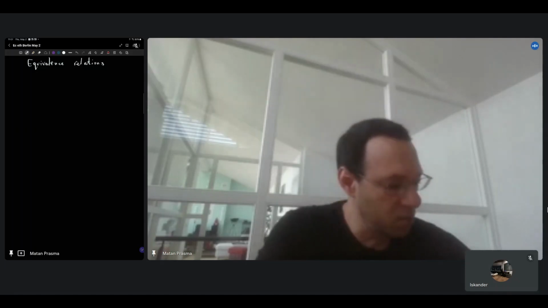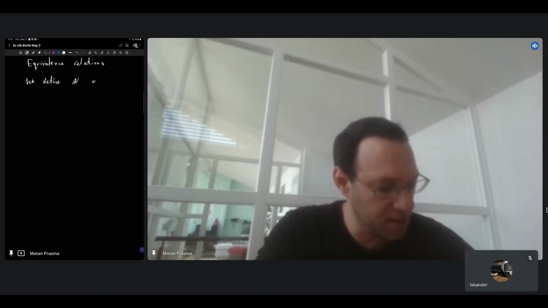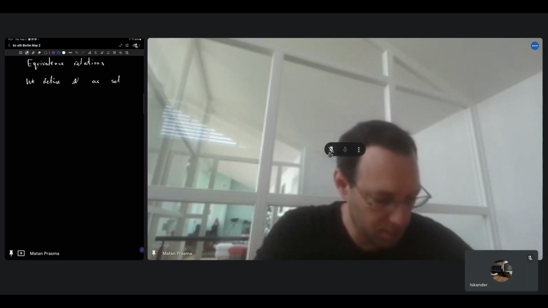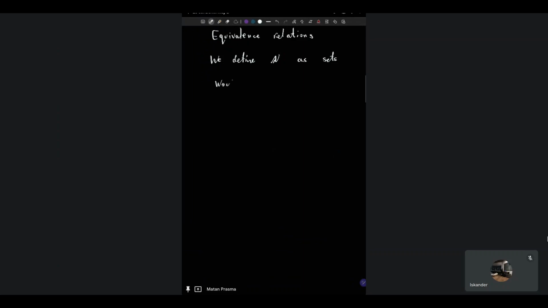That is, we defined the natural numbers as sets, and we would like to define the integers and the rational numbers also as sets.